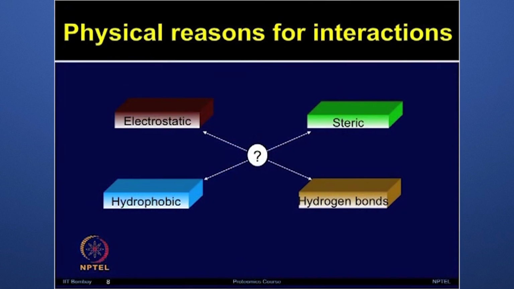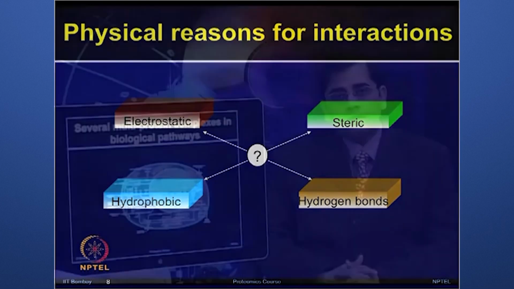So, what are the physical reasons for these interactions? It could be electrostatic, hydrophobic, steric, hydrogen bonds, etc. Earlier in our modules, when we talked about proteins and their different properties, we discussed some of these physical reasons.